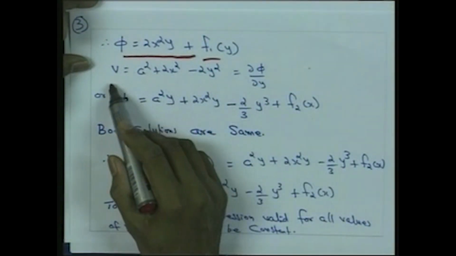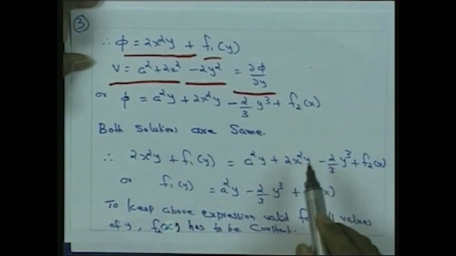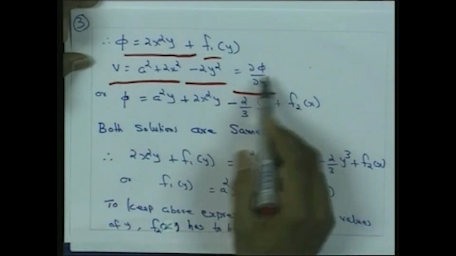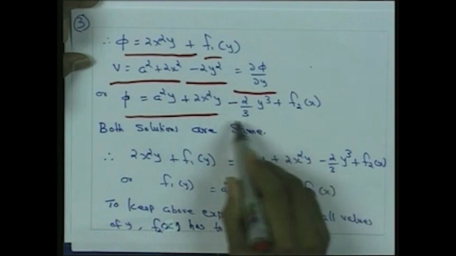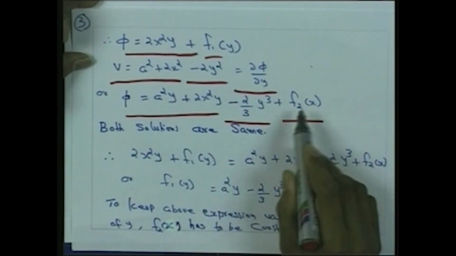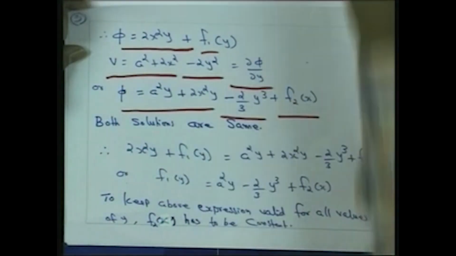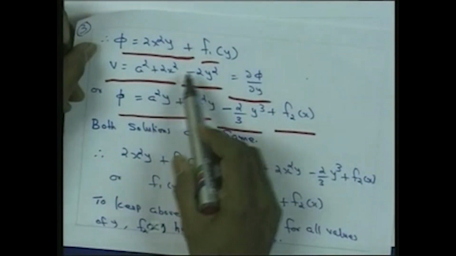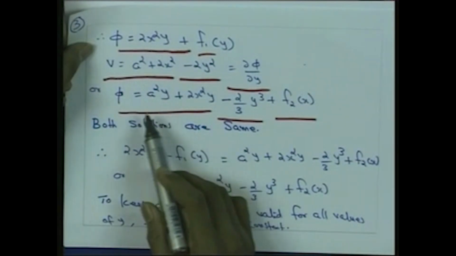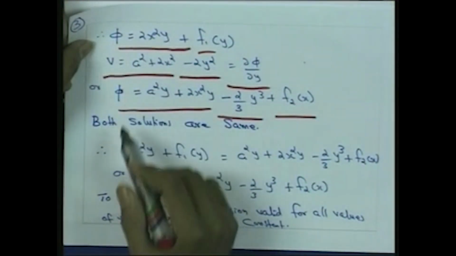Then v is defined as x square plus 2x square minus 2y square, which is equal to del phi by del y, and on integration of this function we will get phi equal to x square y plus 2x square y minus 2 by 3 y cube plus f2(x). Both solutions should be the same, since phi is the same.